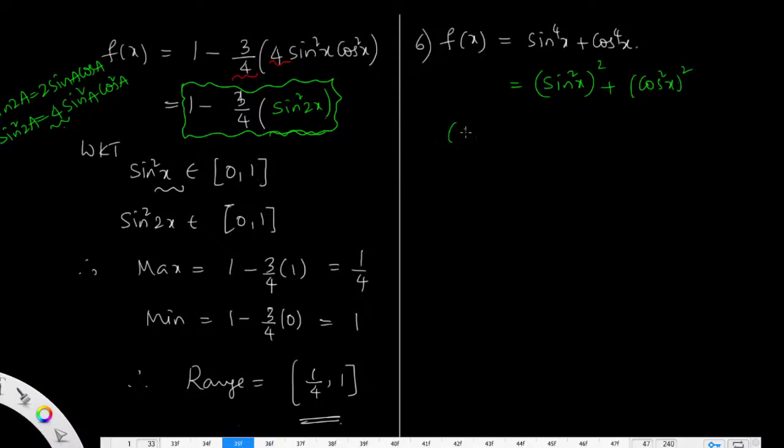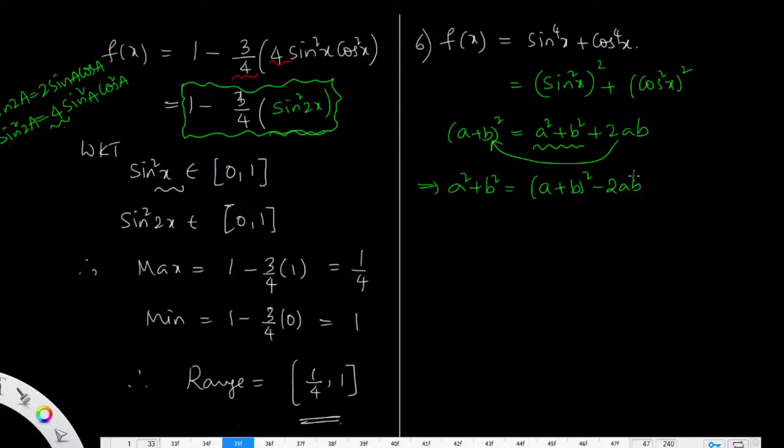Now it is in the form of a plus b whole square, that is a square plus b square plus 2ab. Now you want a square plus b square, so this term should come to this side. Then a square plus b square equals a plus b whole square minus 2ab.